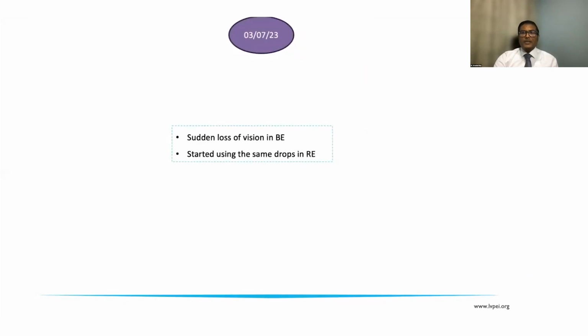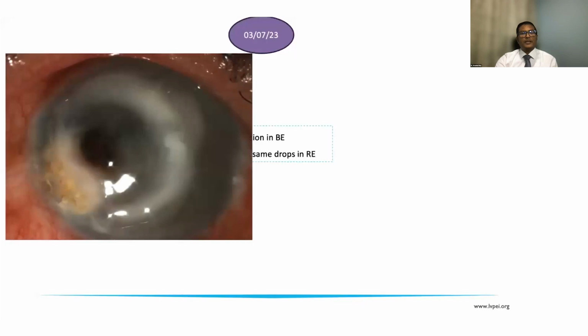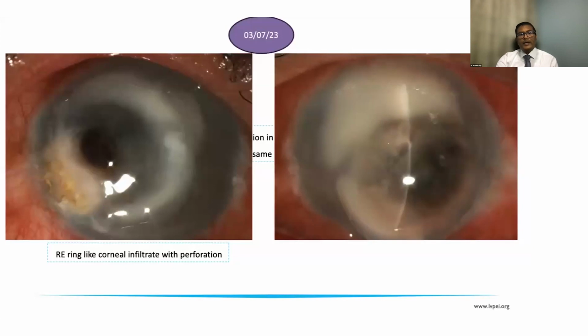Then the patient was intermittently following up with us, and at one visit, he presented with bilateral loss of vision. What we saw was very shocking: an almost complete corneal melt with a large paracentral corneal perforation in the other eye.